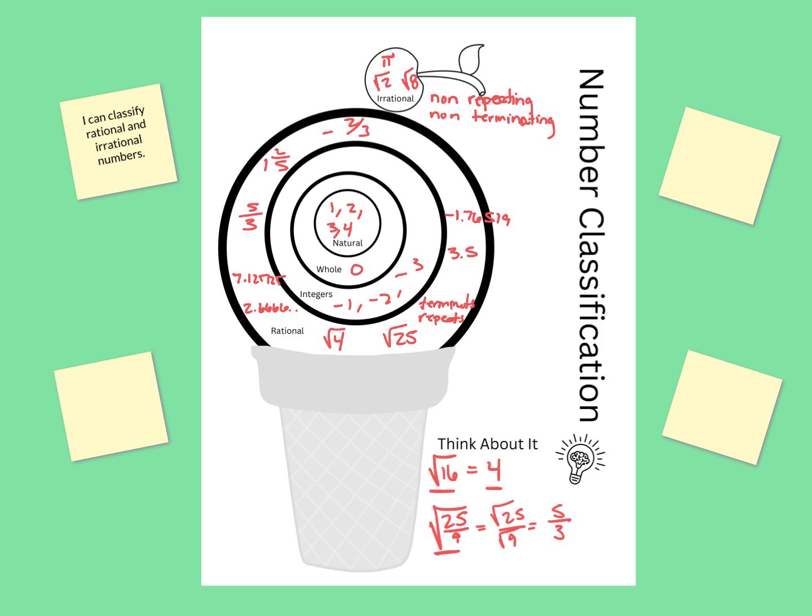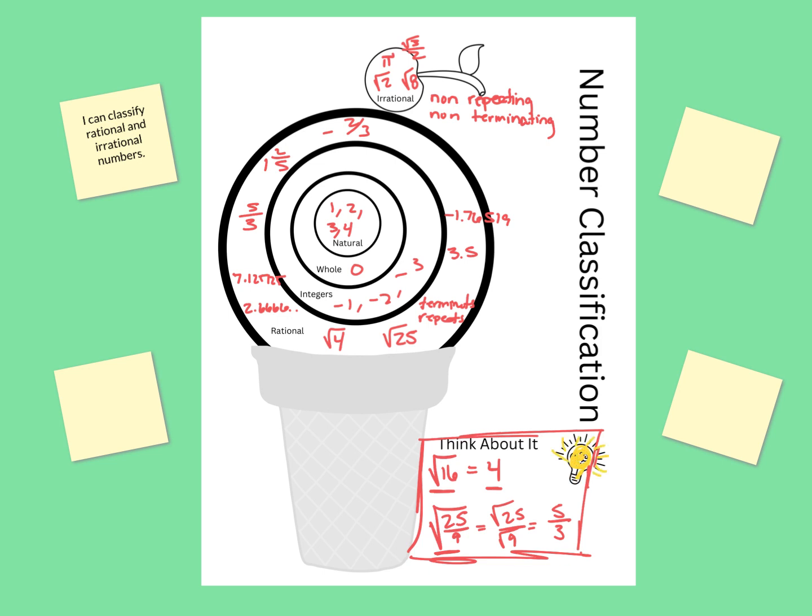If I were to have a fraction that still had a square root, like square root of 3 over 2, the 2 part's rational, but because of the square root of 3, and I can't do anything with the square root of 3, I can't simplify it anymore, it's going to make that whole thing irrational. So if any one part is irrational, then it makes the whole thing irrational, as long as it can't be simplified, like we did in these examples here. If they can simplify, then it can be rational. If it cannot simplify, it's going to be irrational.